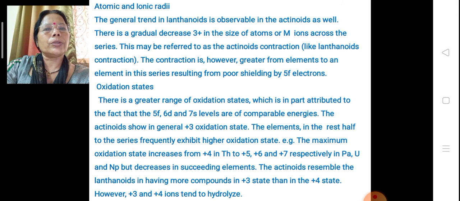The maximum oxidation state increases from +4 in thorium to +5, +6, +7 respectively in Pa, uranium and Np, but decreases in succeeding elements. The actinoids resemble the lanthanoids in having more compounds in the +3 state than in the +4 state. However, +3 and +4 ions tend to hydrolyze.